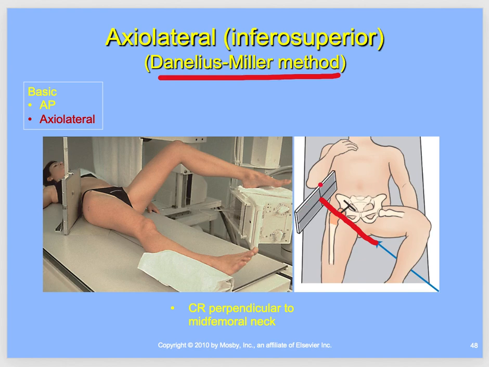So that image receptor is placed at the angle of that femoral neck, so it runs parallel with the femoral neck. And then your central ray is a cross table into the femoral neck and into your image receptor. So central ray is perpendicular to the mid-femoral neck.